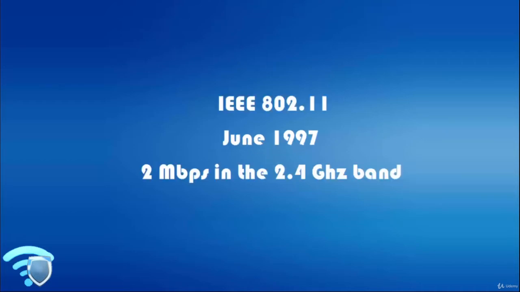The first IEEE 802.11 standard was released in June 1997 and transferred data at the speed of 2 Mbps in the 2.4 GHz band.